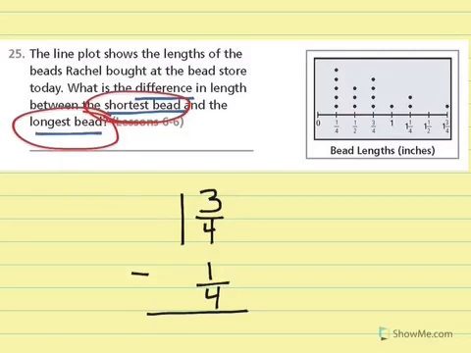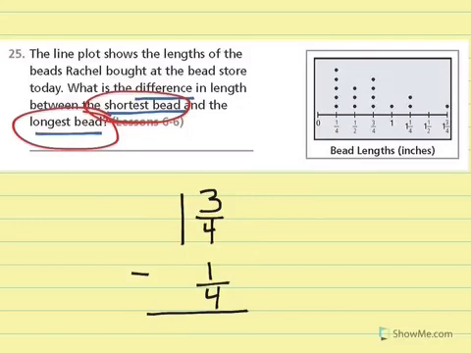And then you should have noticed 5 dots, but this is our shortest bead. So our shortest bead would be 1/4. If you line it up, you're going to have your fractions on the right. They both have the same denominator, right?